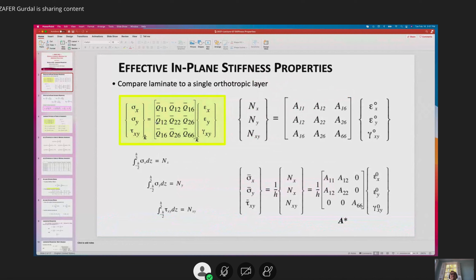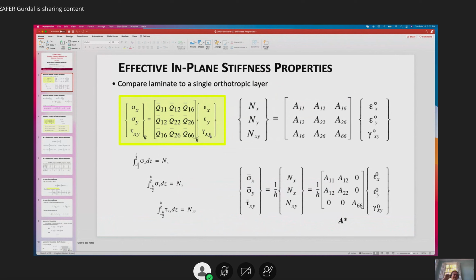We are basically limiting ourselves to the in-plane stiffness matrix. B is absolutely 0, and we're not considering any bending action, so kappas are absolutely 0. So the stress in each layer is Q bar times the strain in the laminate, where epsilon x, epsilon y, and gamma xy are constant through the thickness.